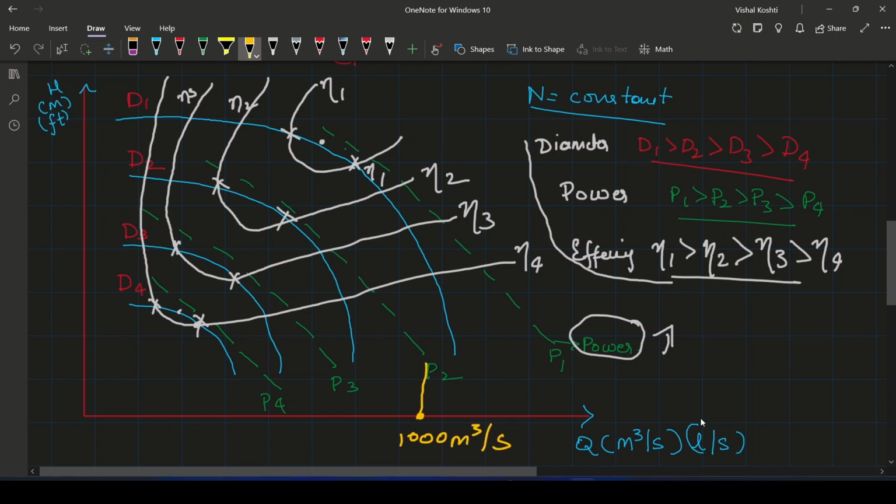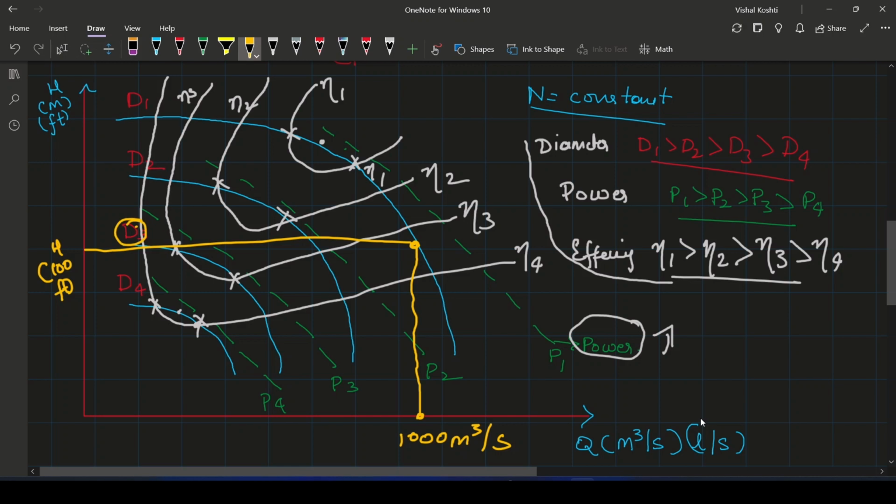I will draw a straight line from this point, and from this point I will draw a straight horizontal line. I'll get some head, suppose say it is around 100 feet. These are typical values, not the exact values. I'm giving this as an example. For this, I'll be getting some diameter D3, which is efficient, which is more than enough.